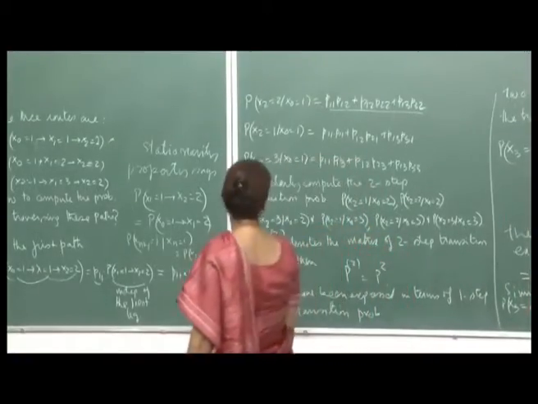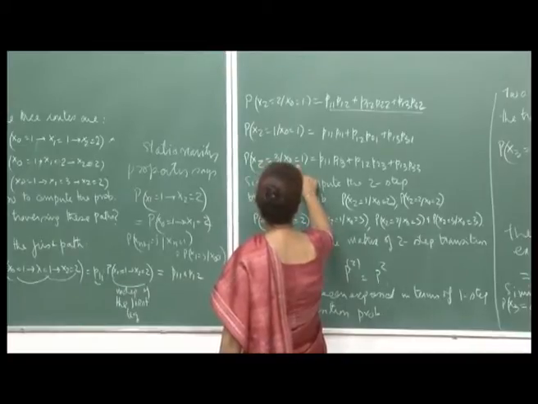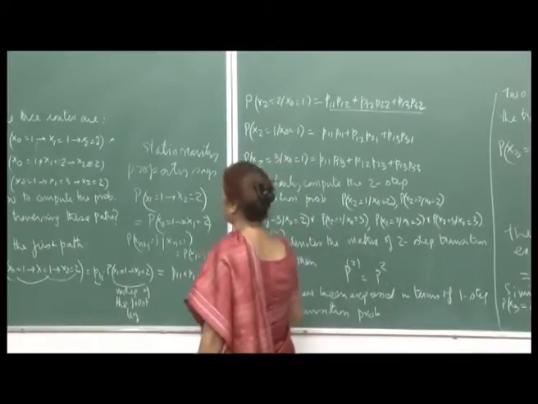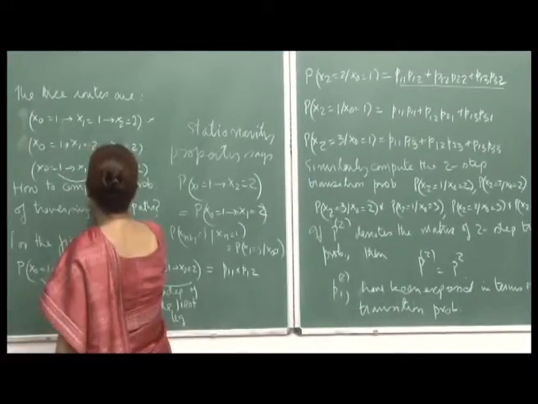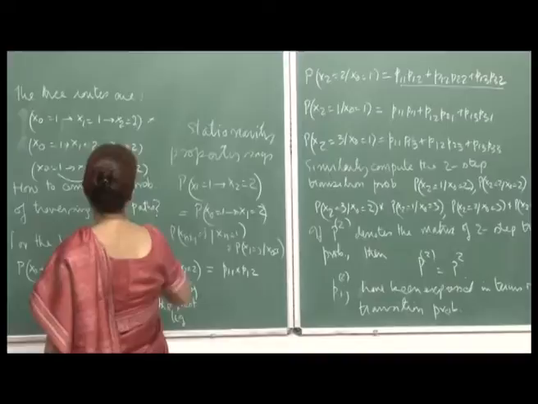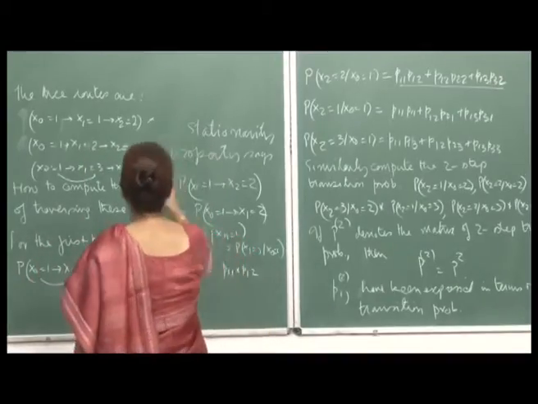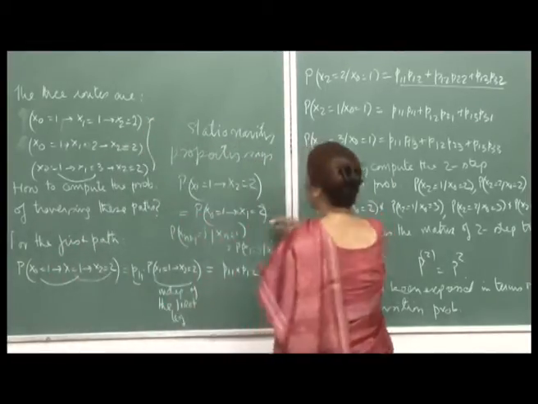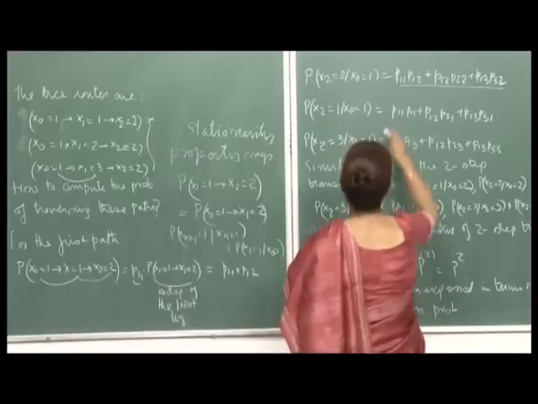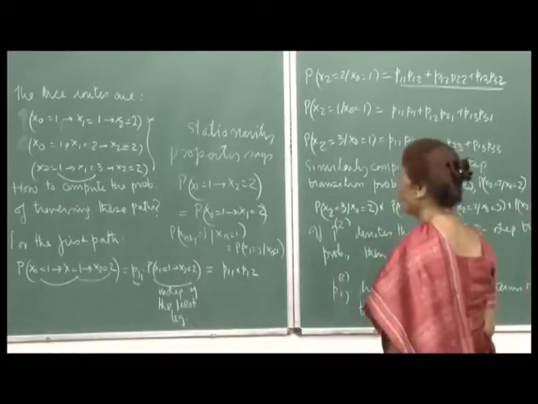I do not know why I am writing this as x0 is 1, and then you are going to, what is this path? This will be 1 3, and then this will be 3 2. Oh, okay, sorry. All these 3 paths together give you this probability of x0 equal to 1 and x2 equal to 2.